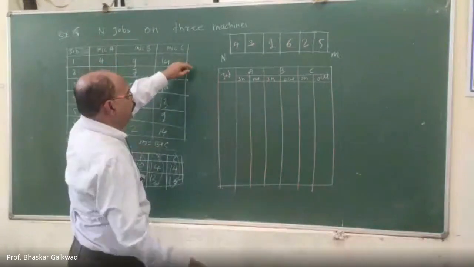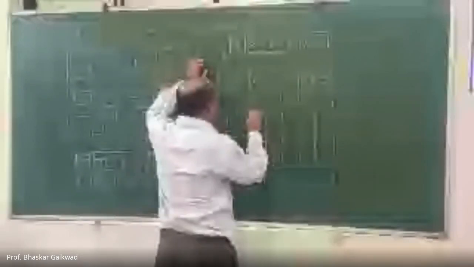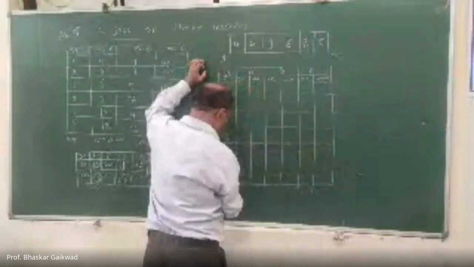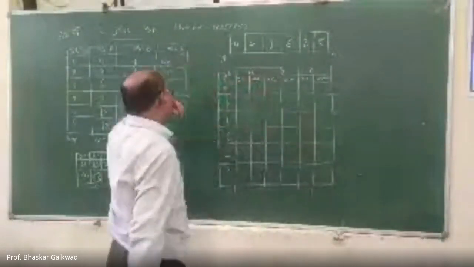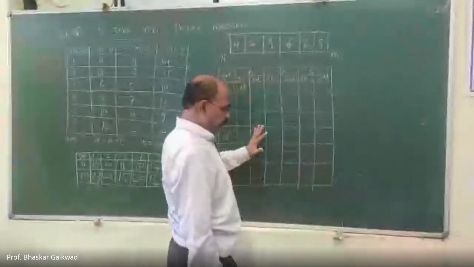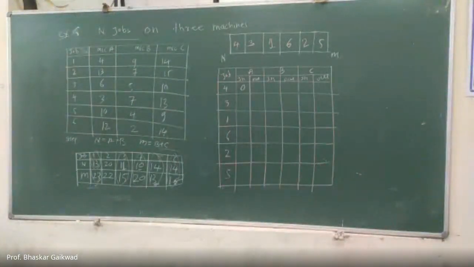So this sequence you have to write: 4, 3, 1, 6, 2. Make it this way, starting from 0. Start now. You fill this in, you will get the times, and after that you have to calculate the idle time.